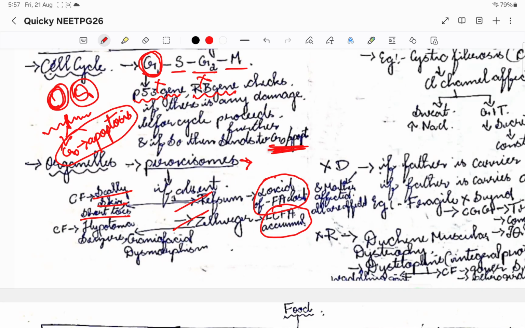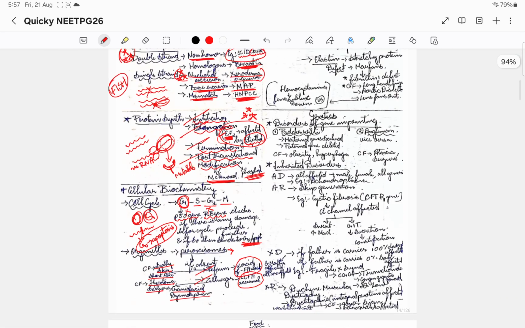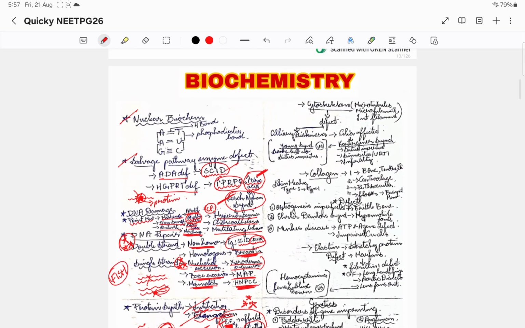The two main clinical features of Refsum disease are scaly skin and short toes. Zellweger syndrome presents with hypotonia, seizures, and craniofacial dysmorphism. That's it with respect to peroxisomes.